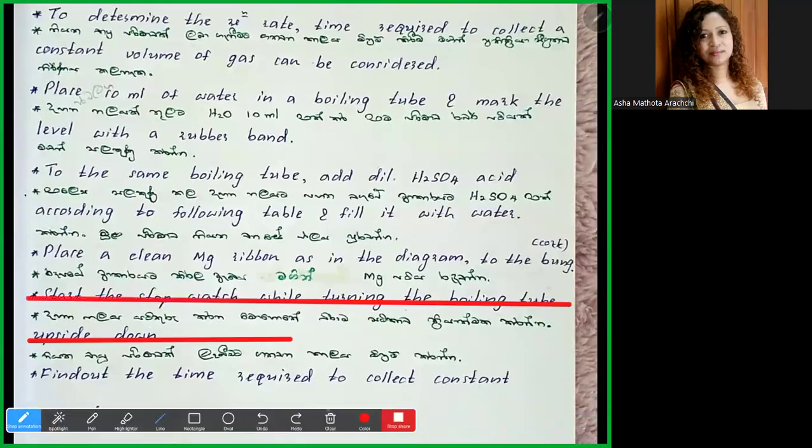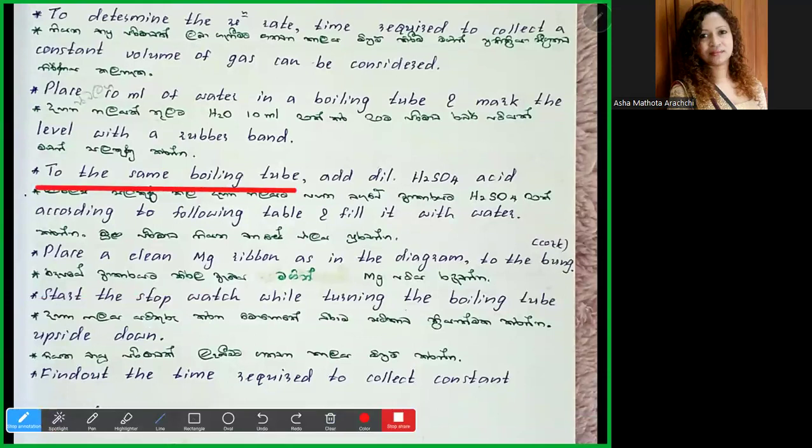Next point. To the same boiling tube, add dilute H2SO4 acid according to the following table, and fill it with water.